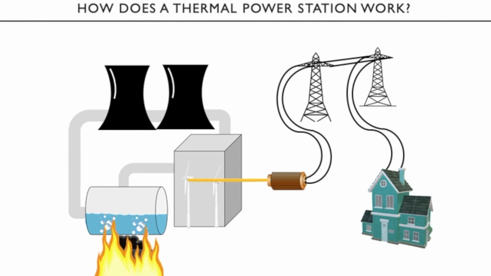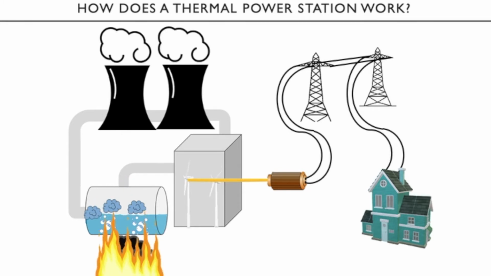And that will boil, and as that boils it will turn into vapor or turn into steam, and then that steam, after it's built up, will be released, and as it's released it will go through some pipes, past some turbines, and then back again.